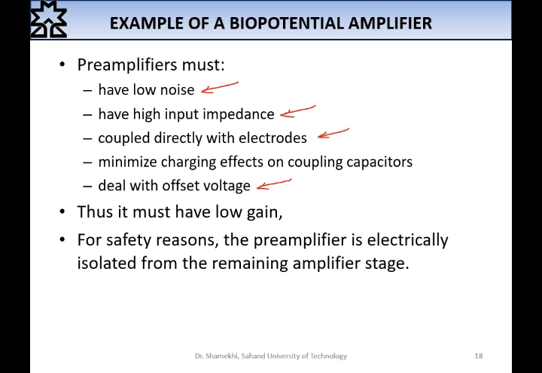Therefore, the main purpose of designing a preamplifier is not the gain. And also, safety is important in preamplifiers. Electrical safety is an important issue we should consider in designing preamplifiers.